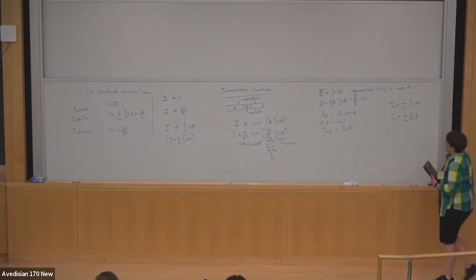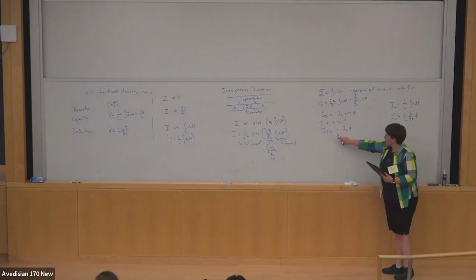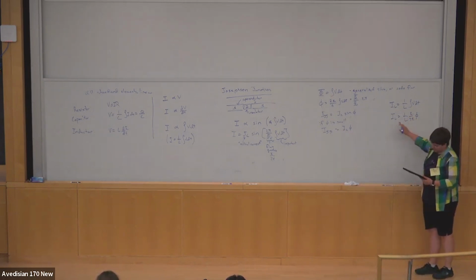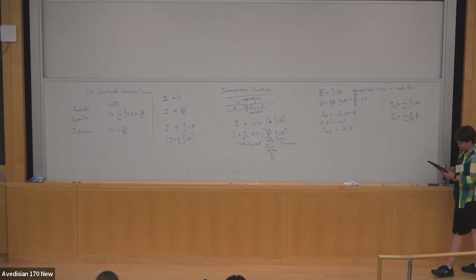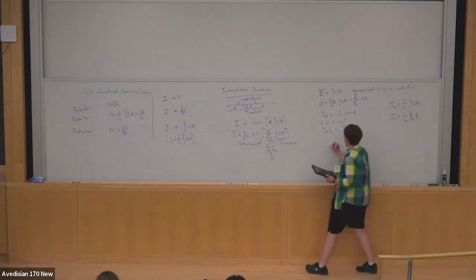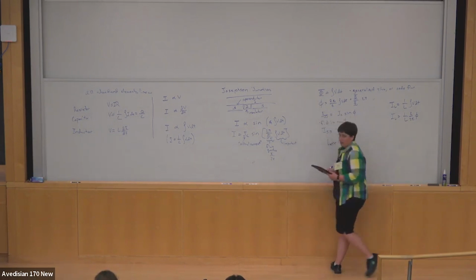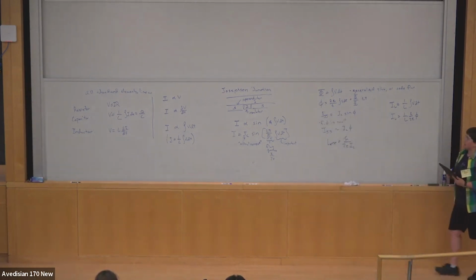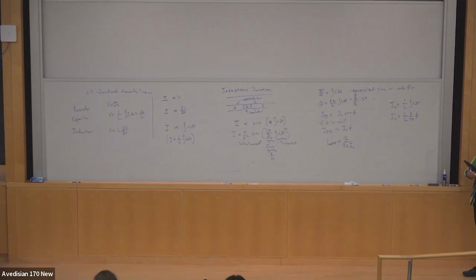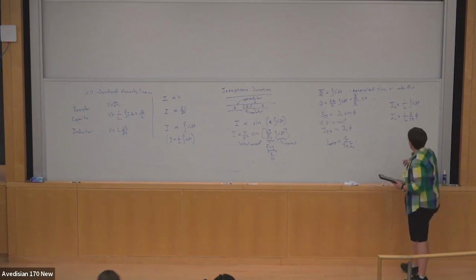So if we have a small phi, then it looks approximately linear and it has the same form as we would get for an inductor, just with L effective equals h bar over 2e I_C. And so you can get a lot of intuition for superconducting circuits just by thinking of the Josephson junction as a nonlinear inductor.